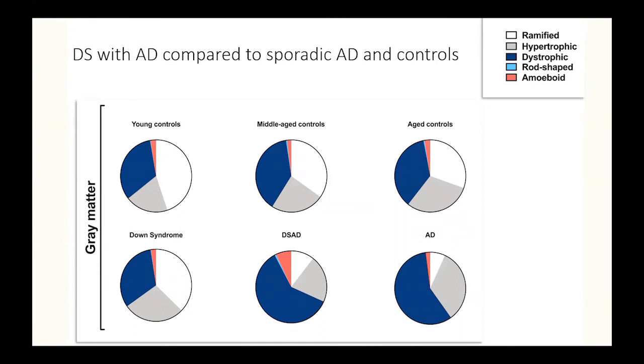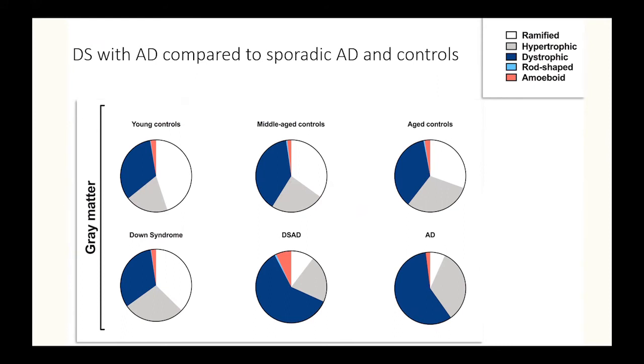Trying to represent these data was also a bit of a challenge. If we just look at the gray matter or frontal cortex of all these groups of cases, and look at normal aging across the top, young, middle age, and aged controls, and the proportion of these different microglial phenotypes, what you can see is with aging, the big blue is dystrophic. Not surprisingly, we see more dystrophic microglia with age.